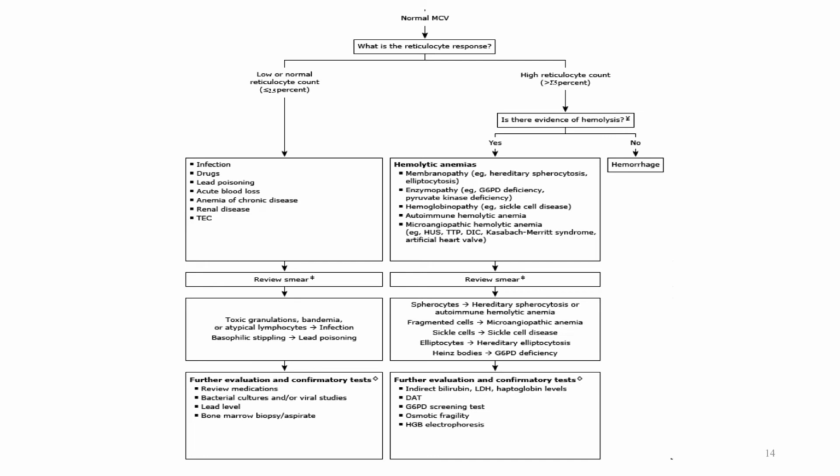For the confirmation of hemolytic anemia, we have to do indirect bilirubin, LDH levels, haptoglobin levels, G6PD screening test, osmotic fragility, hemoglobin electrophoresis, and the direct antiglobulin test, which is usually done for hemolytic anemias.